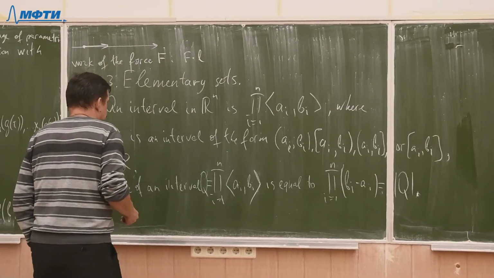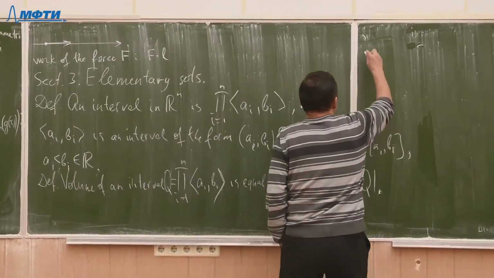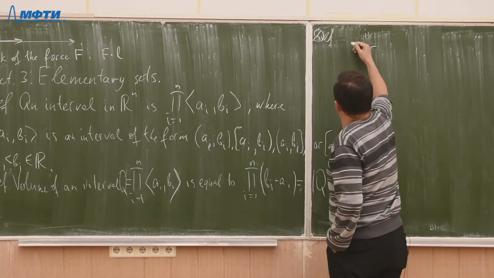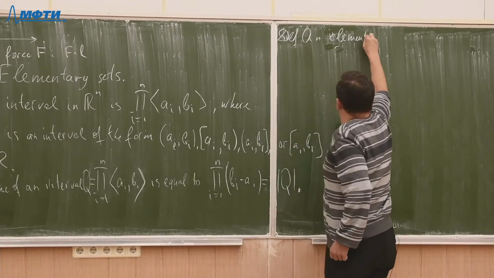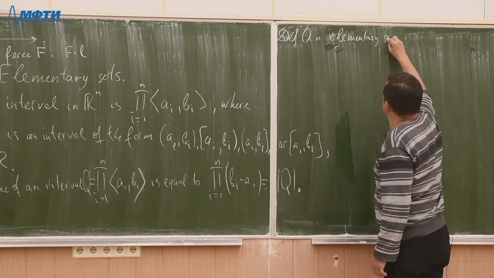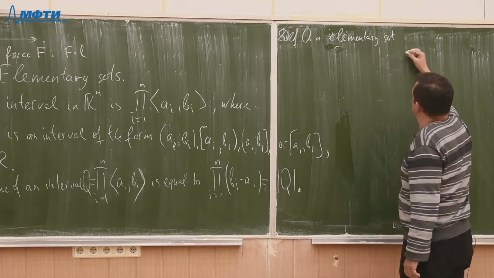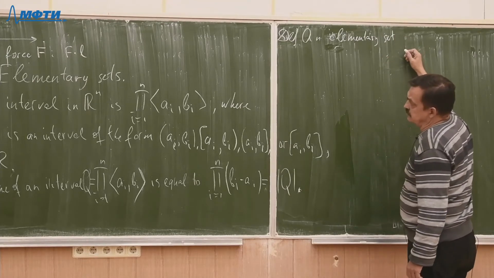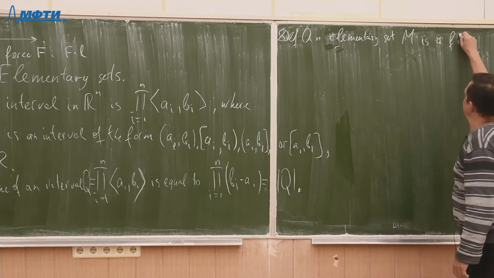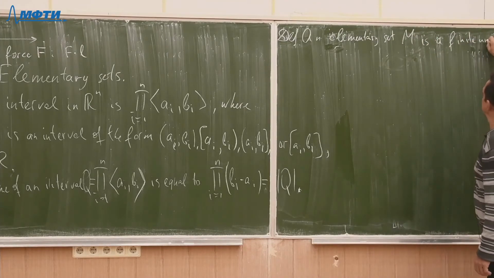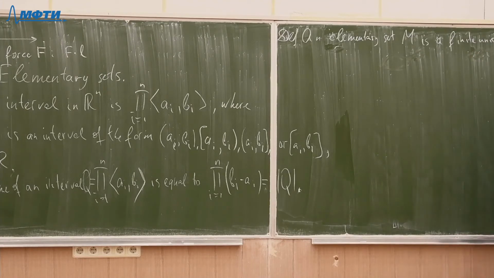Next definition. An elementary set M is a finite union of disjoint intervals.